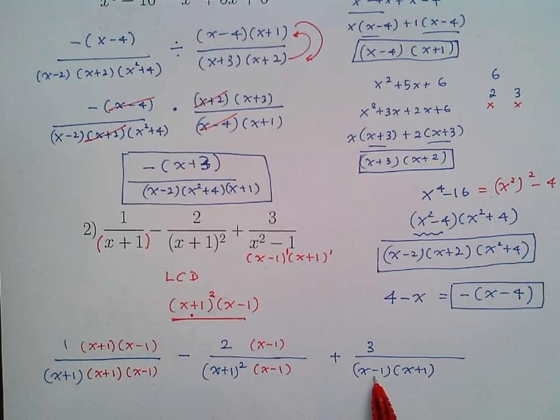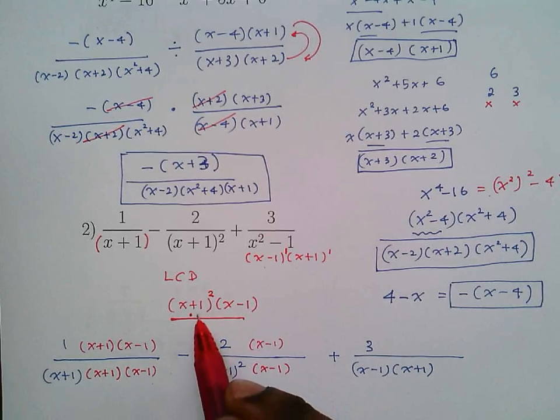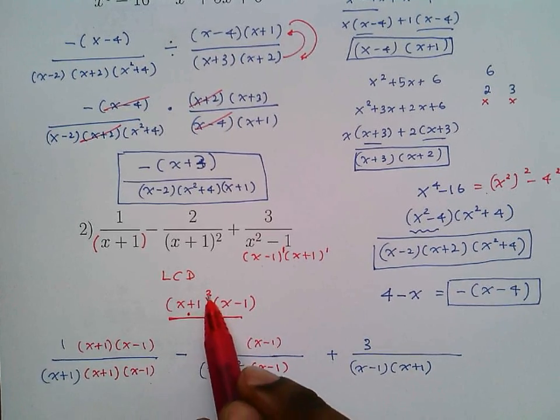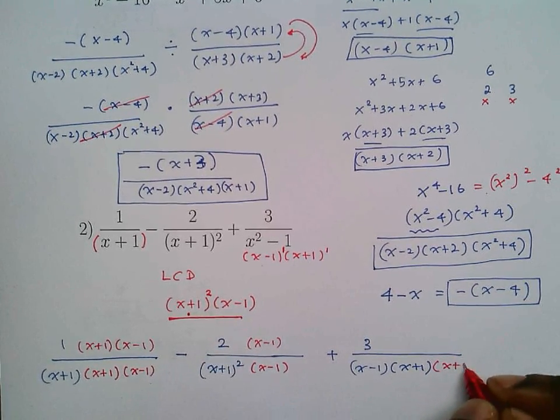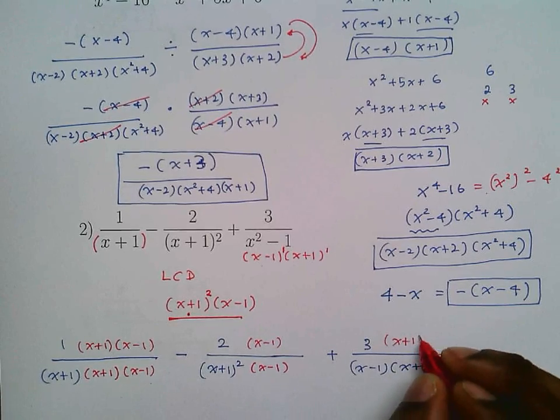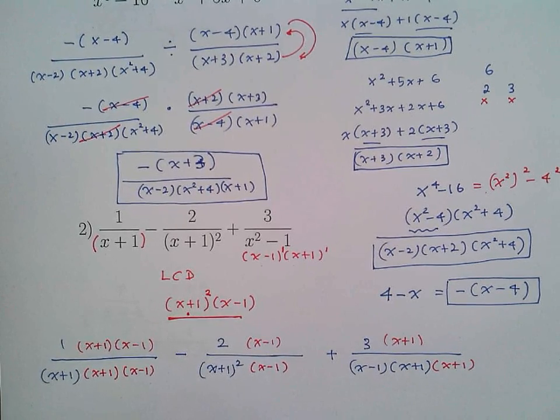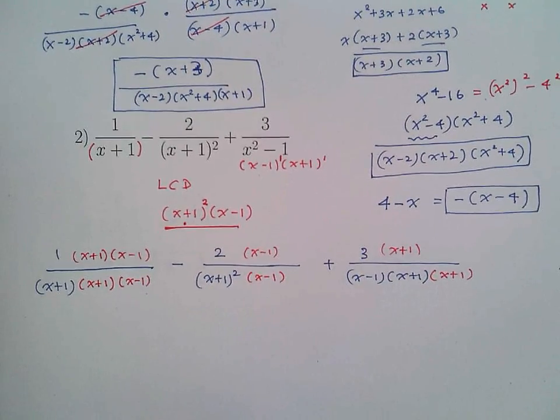Here you have 1 of x minus 1 which is there, and then 1 of x plus 1, but you have to have 2, so x plus 1 and x plus 1 here. So once in blue was originally there, and once in red we introduced it because we need to have the same denominator, and now you can see we have the same denominator.